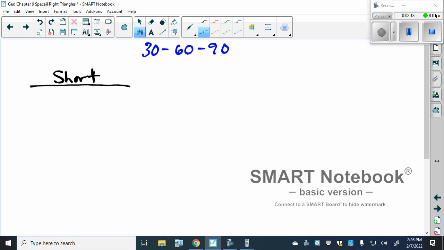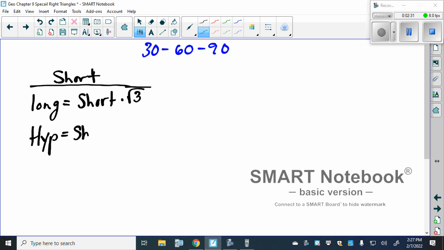To get the long side, the side opposite 60 degrees, we take the short side and multiply it by the square root of 3. And to get to the hypotenuse, we take the short side length and multiply it by 2.